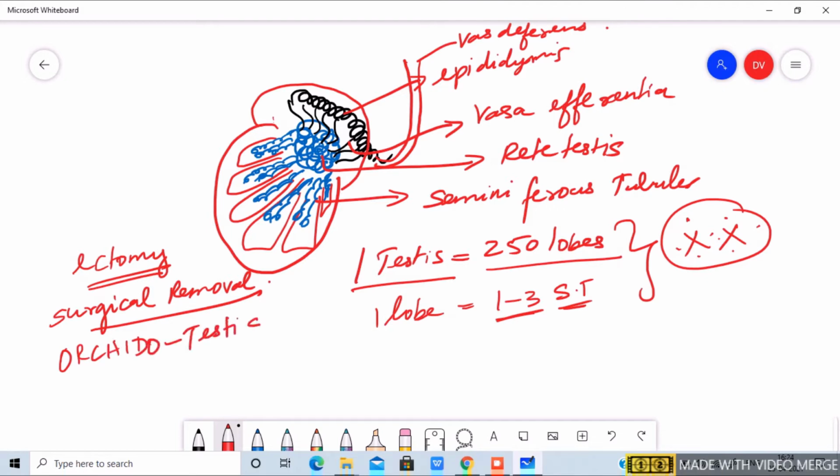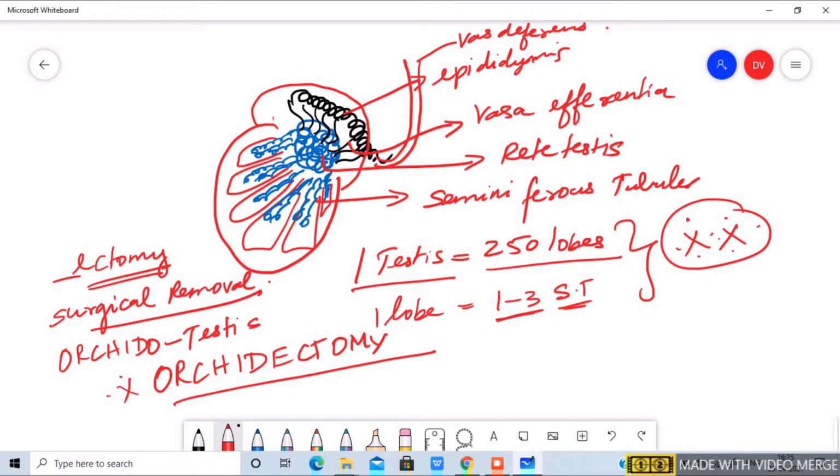Ectomy means surgical removal. For a variety of reasons, the testis has to be removed. For example, in the case of cancer or tumor in the testis, they have to remove the testis. That kind of procedure is called orchidectomy, which means surgical removal of the testis. Know that.